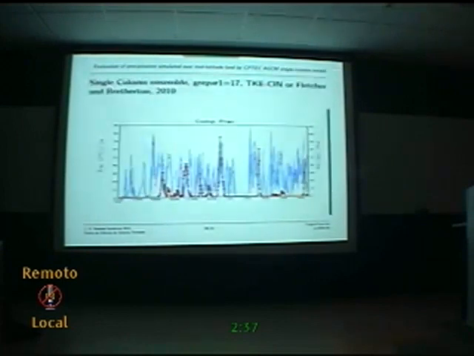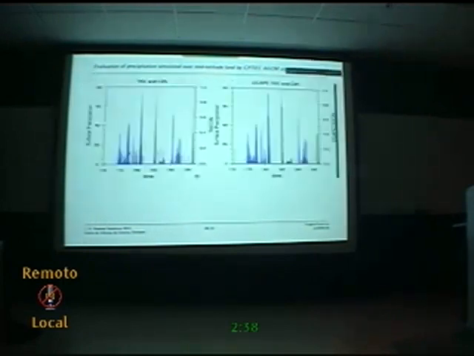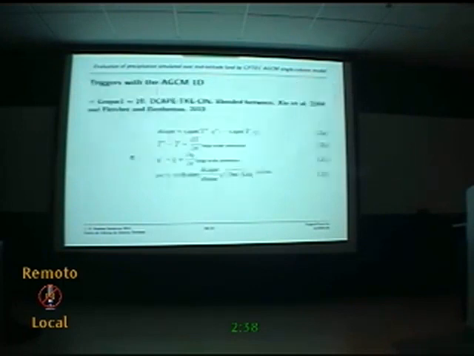Then we implemented that TKE-CIN trigger in our 1D, and immediately the intensity of precipitation was reduced. But we can still see a lot of triggers of precipitation, for example here. And that is a characteristic that you can also see here in the cloud resolving model: very frequent triggers of precipitation.